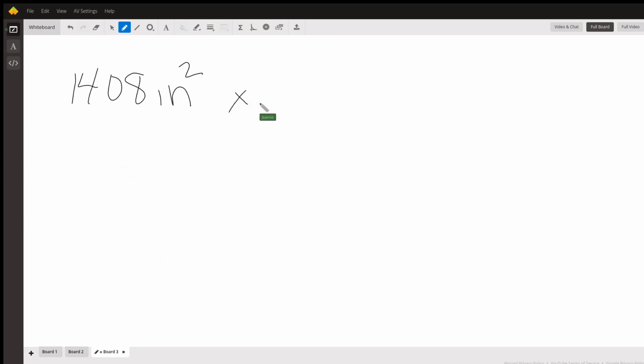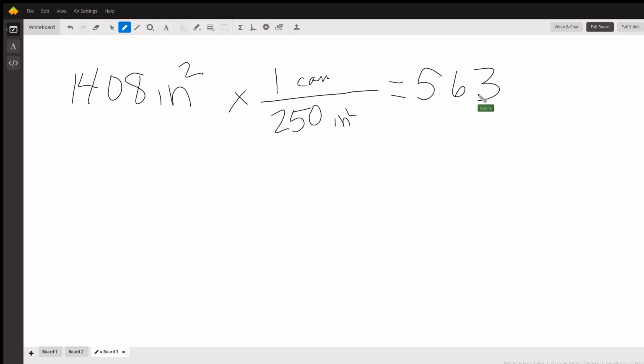To figure out how many cans I'm going to need, I'm going to use the relationship that one can is 250 square inches. So if I divide that 1408 by 250, I will need 5.63 cans of frosting. Well, I can't have a partial can. I can't buy part from the store. I have to buy the whole thing. So you would need 6 total cans of frosting in order to cover your entire cake.